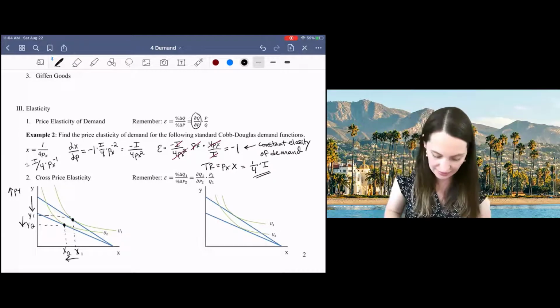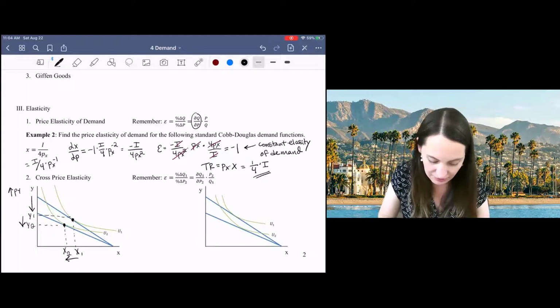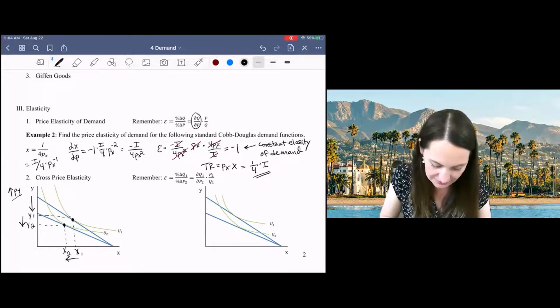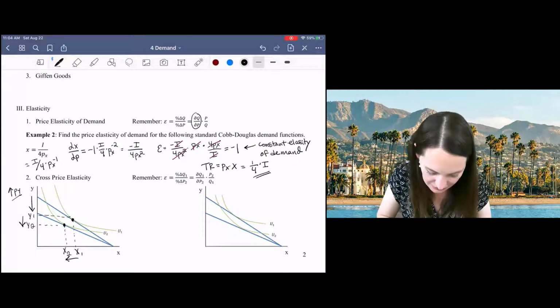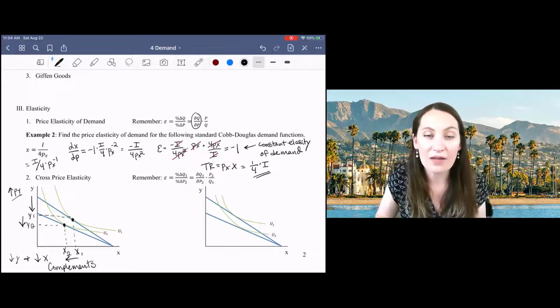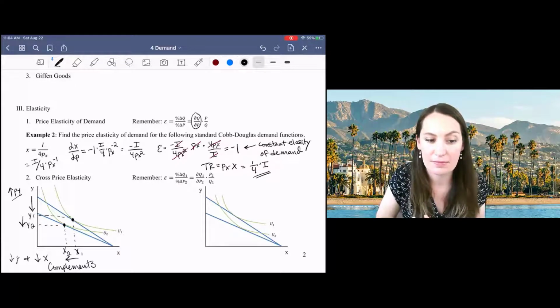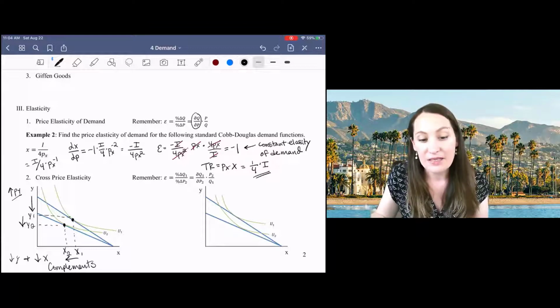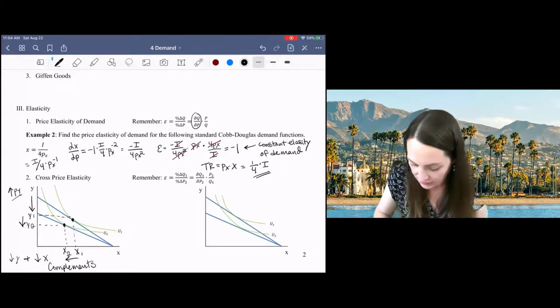And you can see we've got this increase in price of Y, which of course leads to a decrease in consumption of Y. But it also leads to a decrease in consumption of X. So we would call these goods complements, because as you consume less Y, you will also prefer to consume less X.